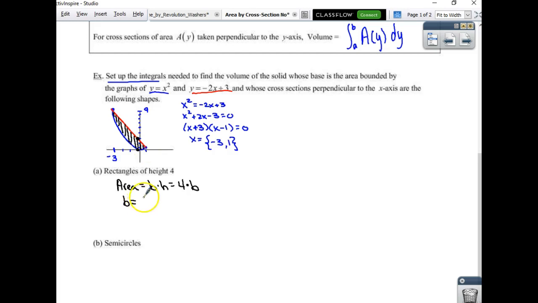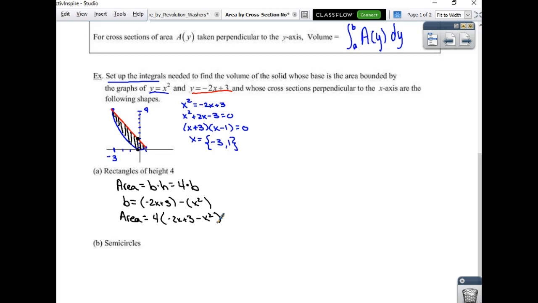This is going to be the upper function, negative 2x plus 3, minus the lower function, x squared. So I can restate that the area of my shape is going to be 4 times negative 2x plus 3 minus x squared. And I can distribute that.